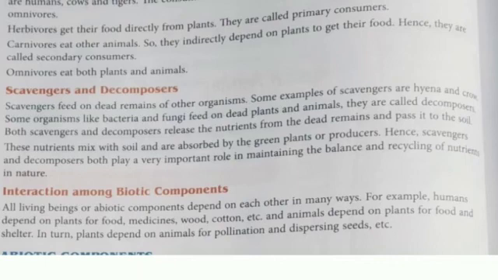Both scavenger and decomposer release the nutrients from the dead remains and pass them to the soil and air also. These nutrients mix with soil and are again absorbed by the green plants or producers, and that's why scavenger and decomposer both play a vital role in maintaining the balance and recycling of nutrients in nature.